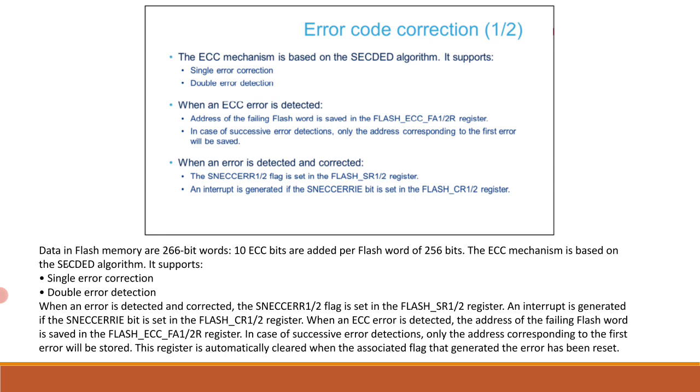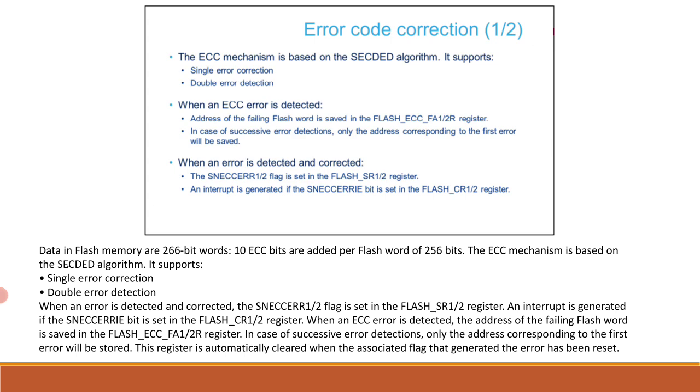When an error is detected and corrected, the SNECCERR1/2 flag is set in the FLASH_SR1 or 2 register. An interrupt is generated if the SNECCERRIE interrupt enable bit is set in the FLASH_CR1 or 2 register.